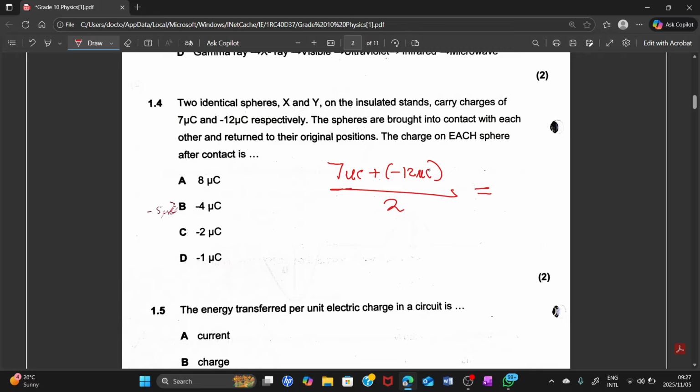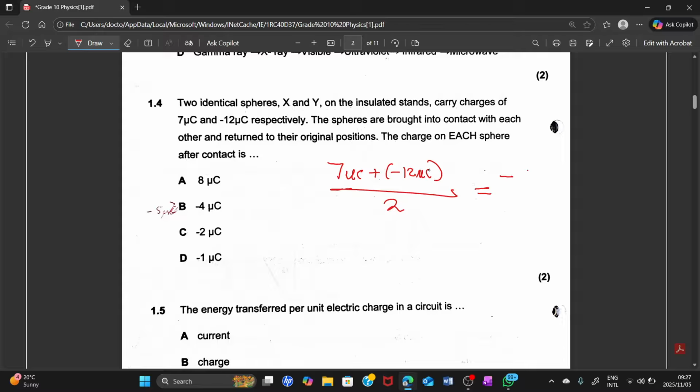Then what do you see there? It will be minus 5. I don't know if you get that. What is the answer here? It is minus 12, yes.